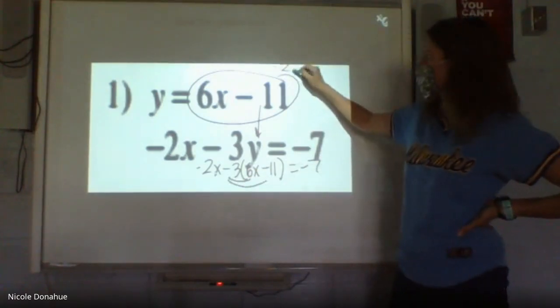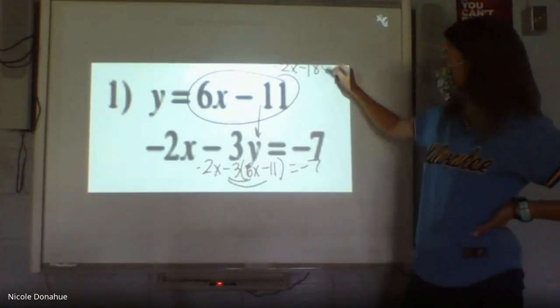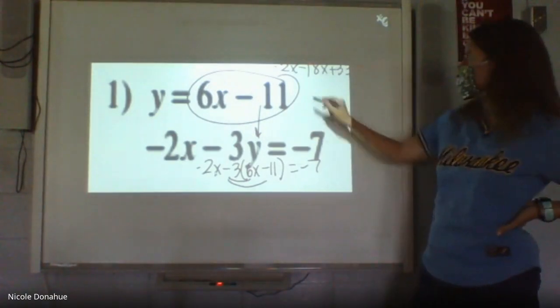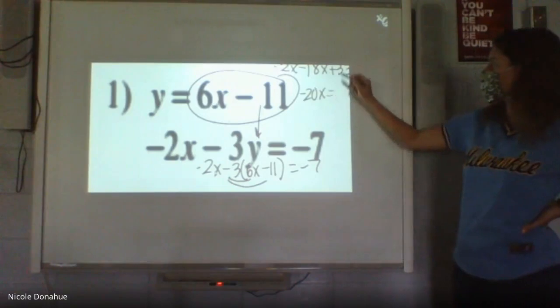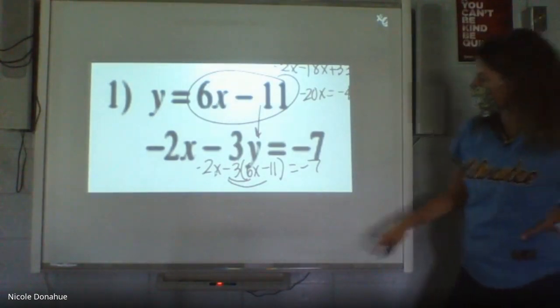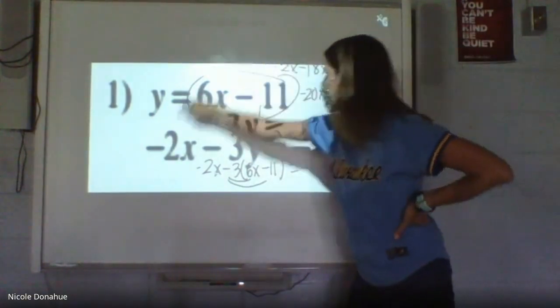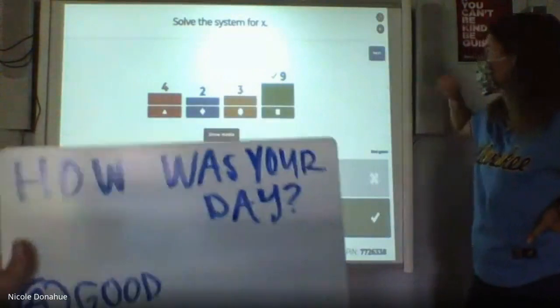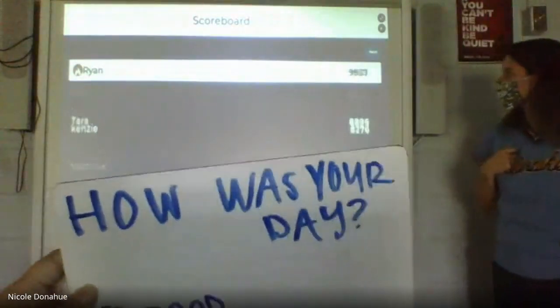So it's a negative 2x minus 18x plus 33 equals negative 7. Negative 20x, you move this over, that's going to be a negative 40. So x ends up being a negative 2.